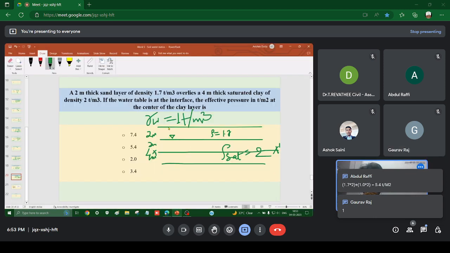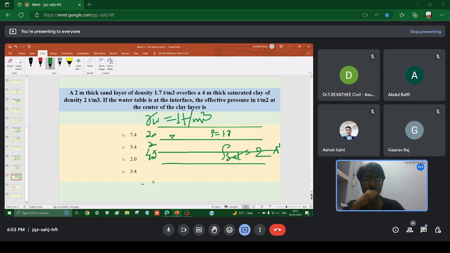So, the effective stress at x dash, this is devoid of water, will be equal to 1.7 into 2 plus (gamma sat minus gamma W), that is 2 minus 1, into the height of 2 meter. So here it is 3.4 plus 2, 5.4 ton per meter square. This is the answer. Clear?